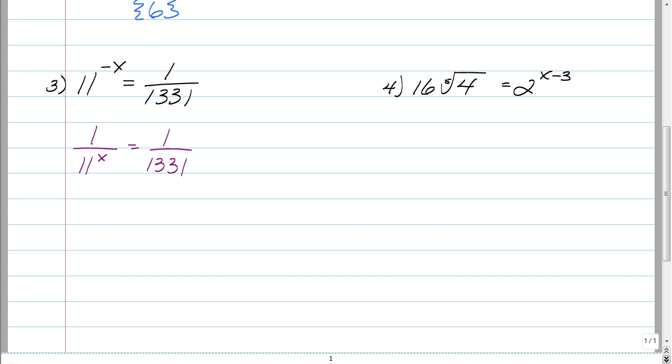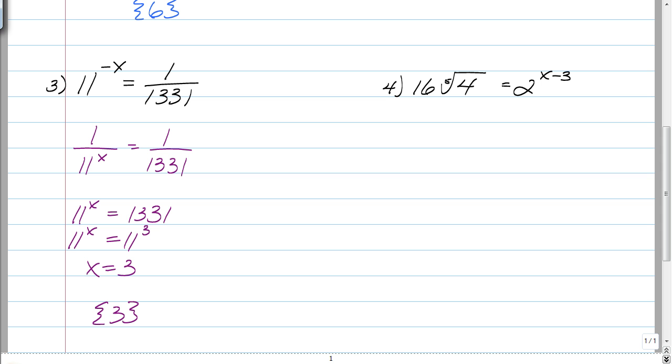So what you can do here is set 11 to the x equal to 1331, which so happens to be 11 to the third power. So since we have the same bases, we just set our exponents equal to each other, and you get x equals 3, and that will work. So our solution is 3.